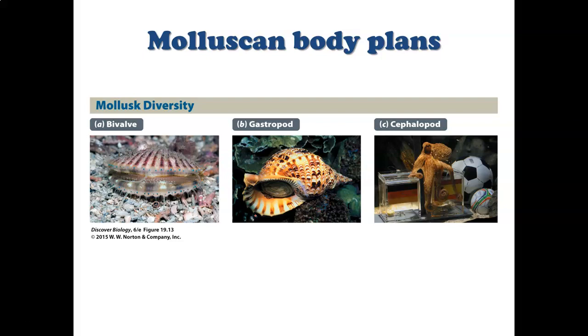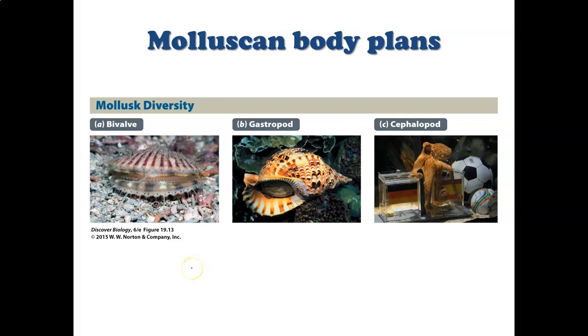So you can see that there's a wide variety of mollusks out there. The scallop over here on the left, that's a mollusk. This snail is a mollusk, and this octopus is a mollusk. So there are subgroups within the mollusks.